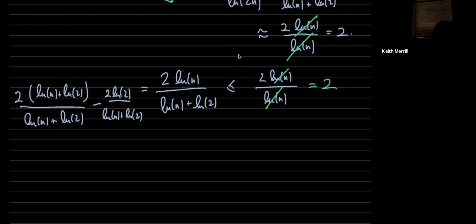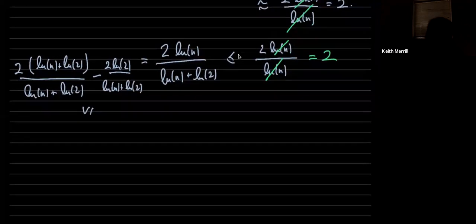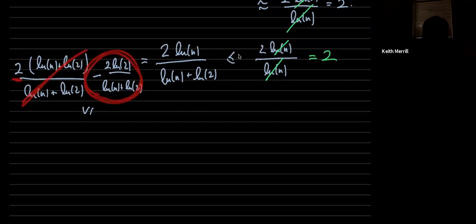The key, however, is that this expression here is bigger. Remember, I can always make a fraction bigger by making the denominator smaller. This is the term I'm going to look at. Notice this just cancels. This is just 2. And if I make this expression here bigger, because it's being subtracted, I will actually make the whole thing smaller.